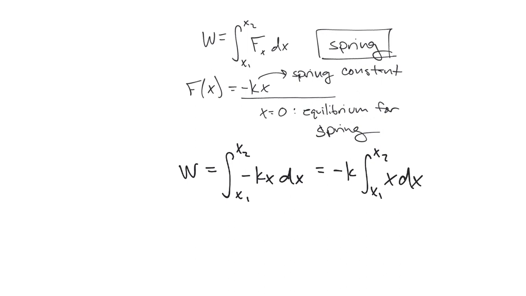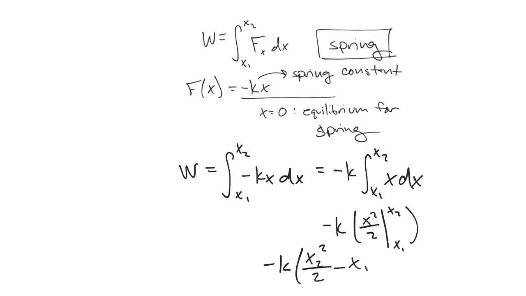We all know the integral of x dx. So we get negative k times x squared over 2 from x1 to x2. And then we've got to plug in our arguments there. So you've got negative k times x2 squared over 2 minus x1 squared over 2, which can be even further simplified by saying it's negative k over 2 times x2 squared minus x1 squared.